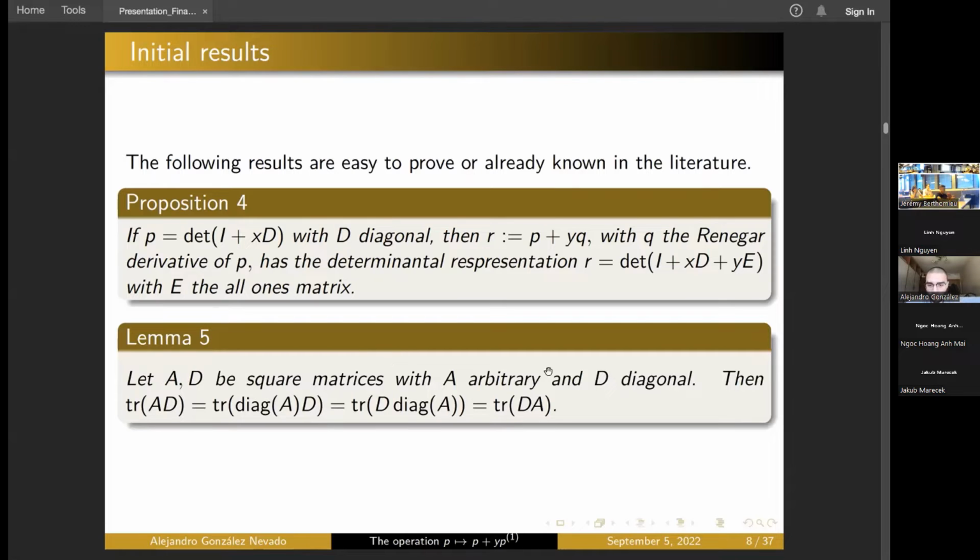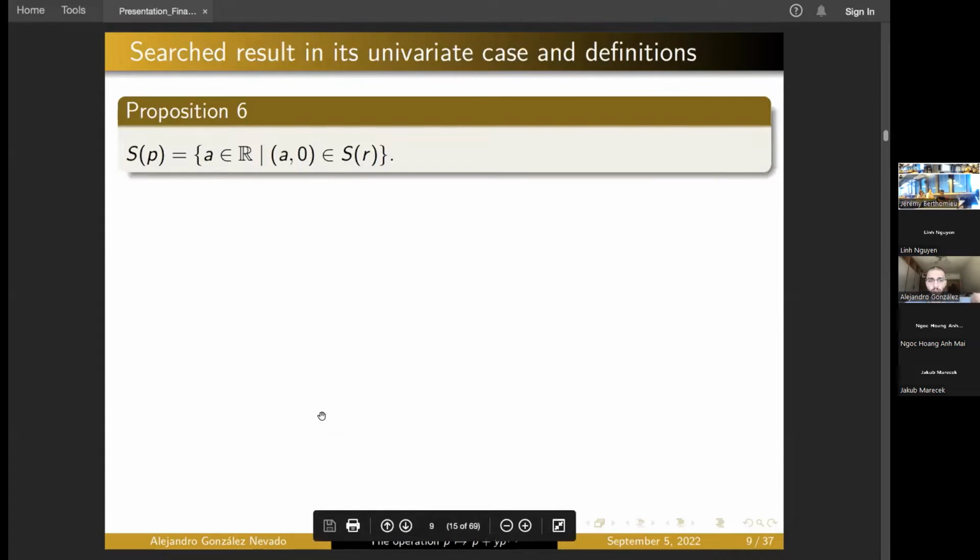Yeah, it just says that the trace behaves well with respect to diagonal matrices, and this lemma is important to prove the following thing. The following thing is what we actually want to prove for the general case.